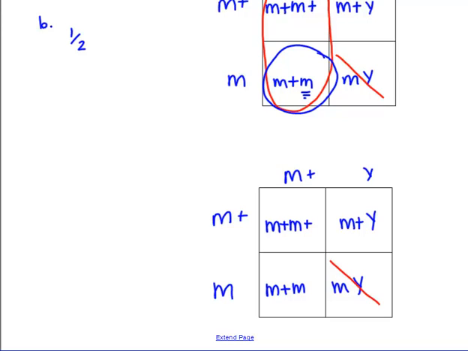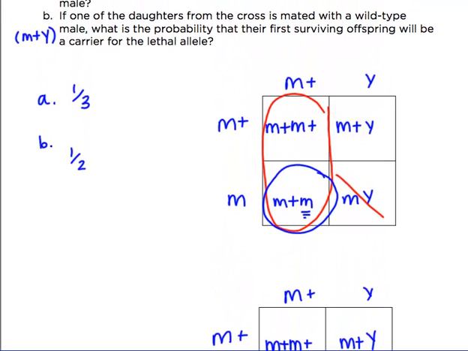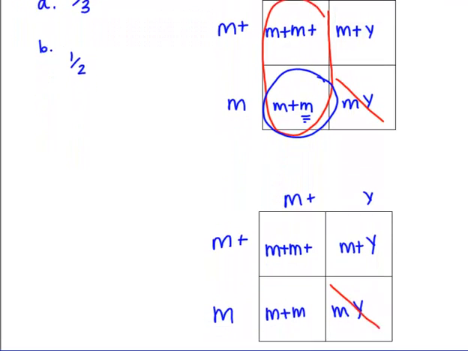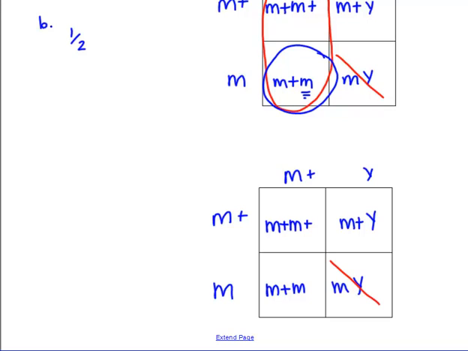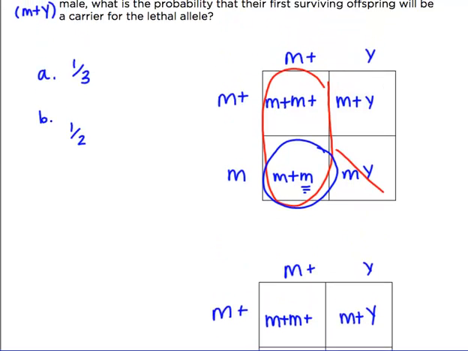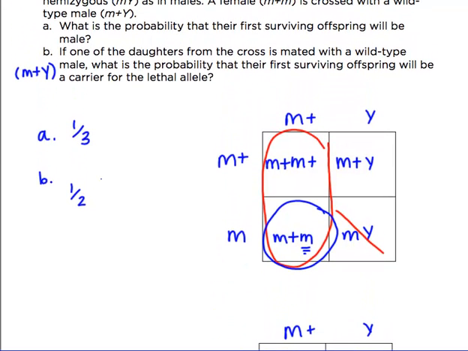So it's asking, what is the probability that the first surviving offspring will be a carrier? So to be a carrier, this is the only lethal allele that we see. So this was 1 out of the 3. 1 out of the 3 are carriers. So it would be 1/3. So you multiply these across because you remember you have to have the carrier mother in order to have a carrier offspring. So it's 1/2 times 1/3. So that's a total probability of 1/6.